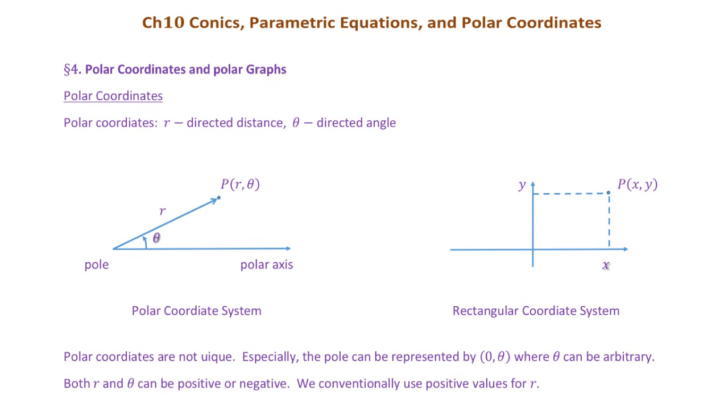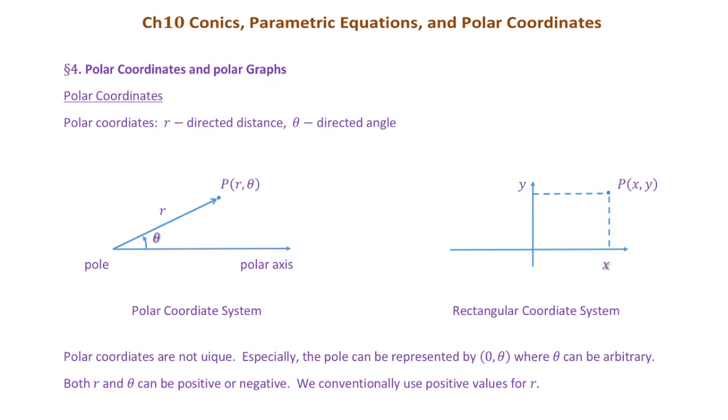The pole has the directed distance r equal to 0, because r is the distance or directed distance between the pole and the point P. If P is the same as the pole itself, then r is equal to 0, and you have no way to uniquely define theta, because it really doesn't matter what theta is.